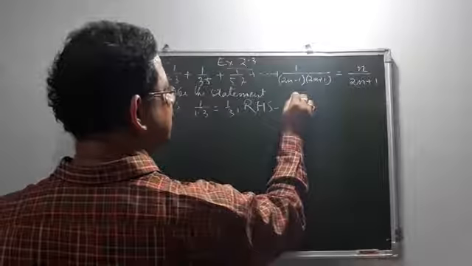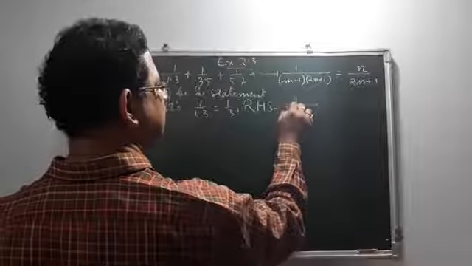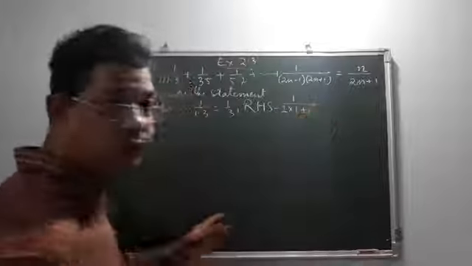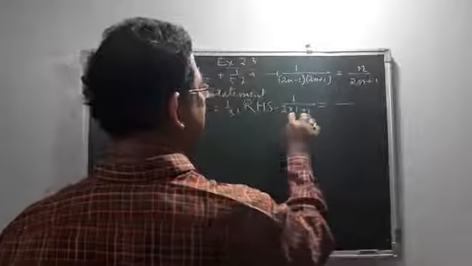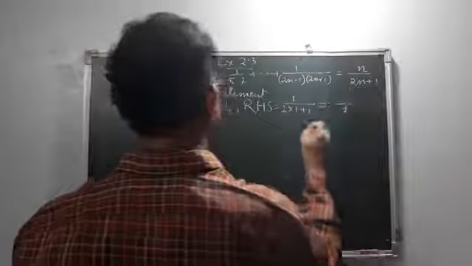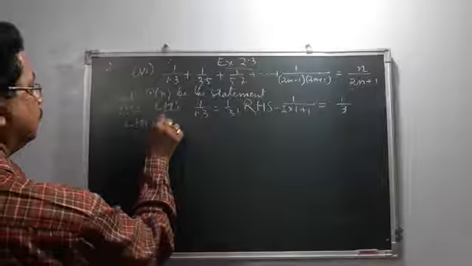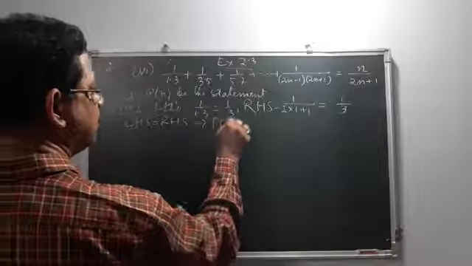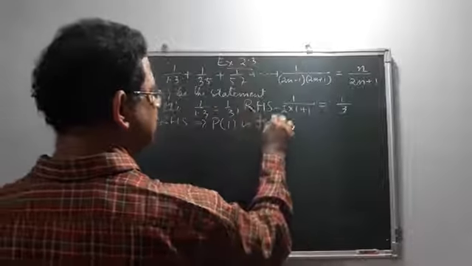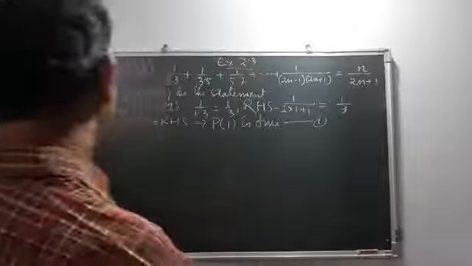If we put 1, it is 1 by (2 into 1 plus 1). We have replaced n by 1, so automatically it is 1 by 2 plus 1, that is 1 by 3. So LHS is equal to RHS, which implies P(1) is true. So students, it is the way of writing, the way of doing these things.